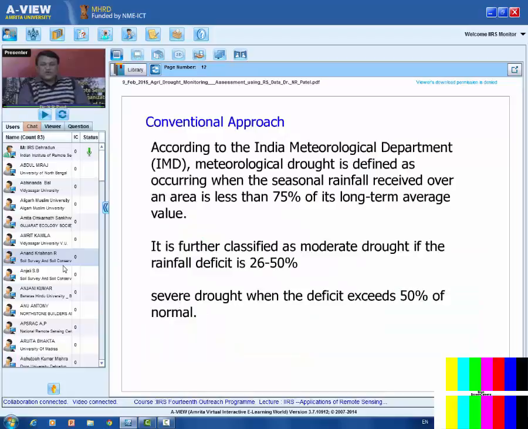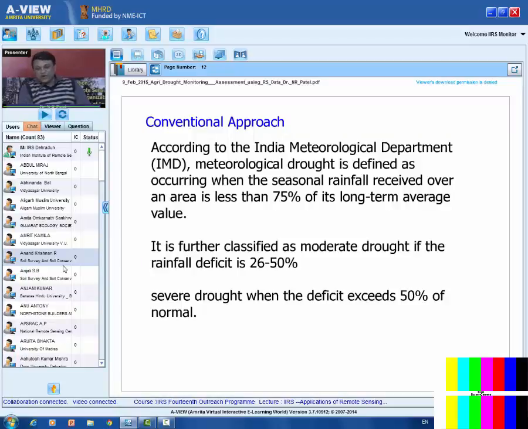Conventionally, the India Meteorological Department monitored drought. A region or a year can be classified as a drought when the rainfall received in a year is 75% of its long-term average. That means around 25% deficit is there.